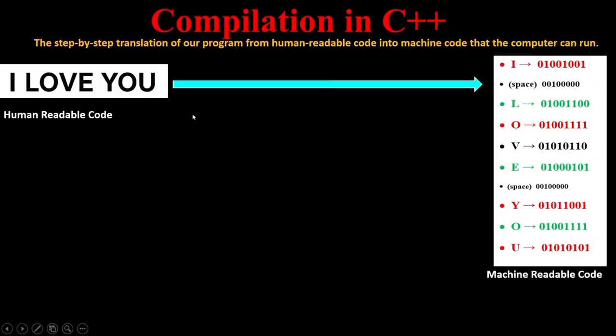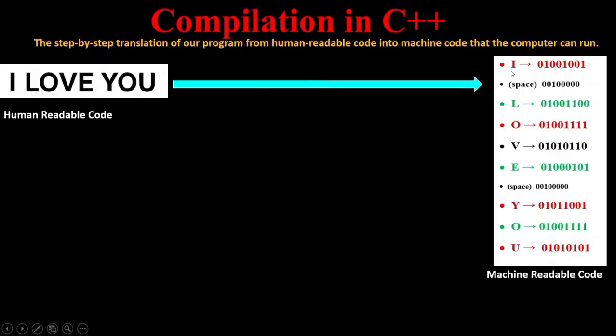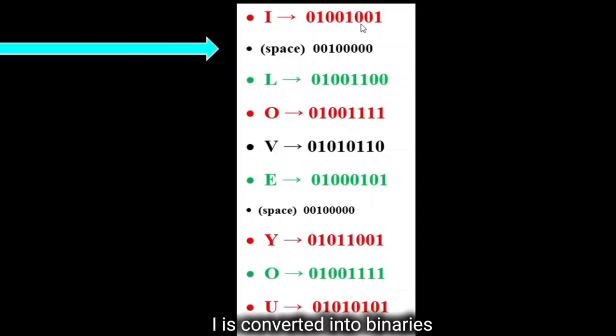Those human readable languages are converted into what? Machine language. So this is what happens. So I is converted into binaries, where I say binaries are zeros and ones. Is that okay?